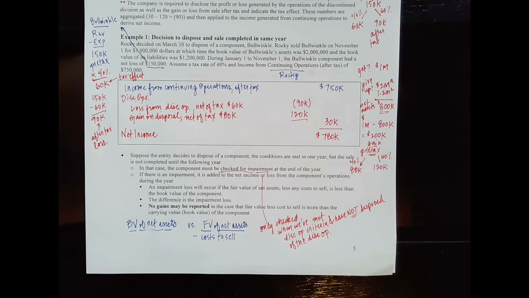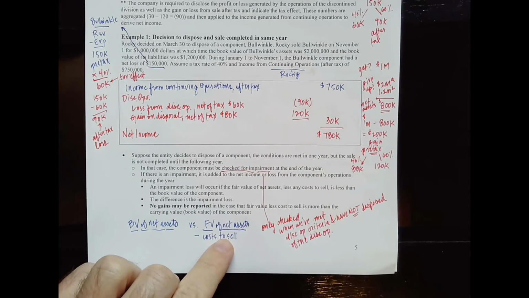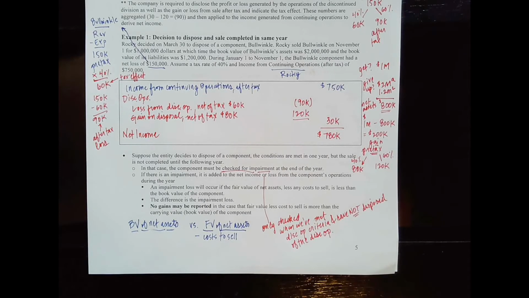So maybe I could sell it for $10,000, but in order to get it sold, I have to get someone to sell it on my behalf, and I have to pay some commission, right? So that's a part of the cost to sell. I'm not going to be able to get all $10,000 because while that's its selling price, I'm going to have to pay someone a small kickback, maybe $200, in order to sell it on my behalf. They're my agent.